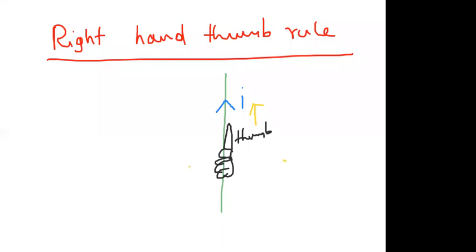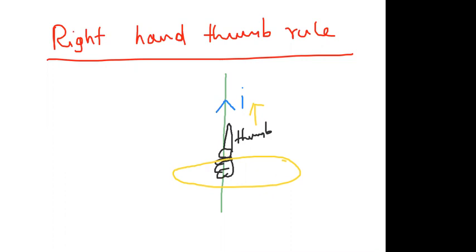now the direction of magnetic field. So here the thumb indicates current direction and curl of fingers indicates magnetic field direction. That is the information given by the right hand thumb rule.